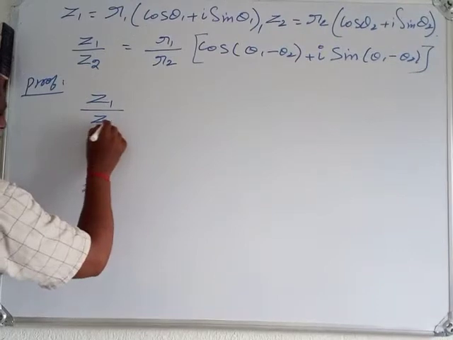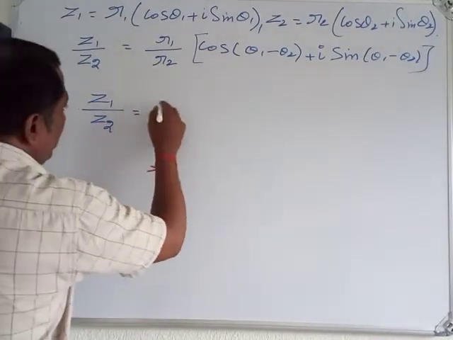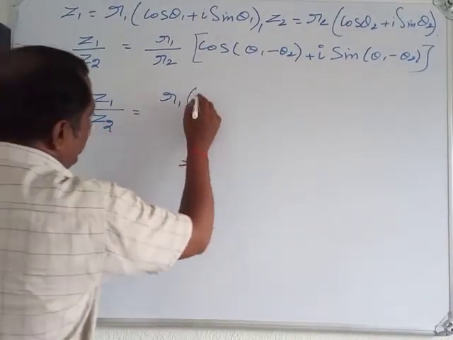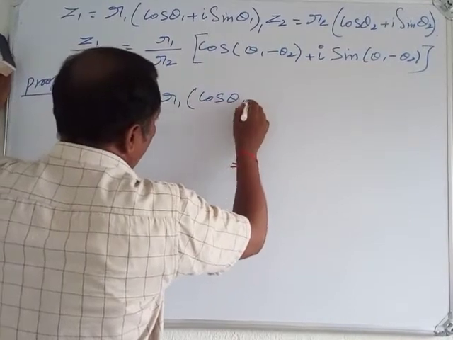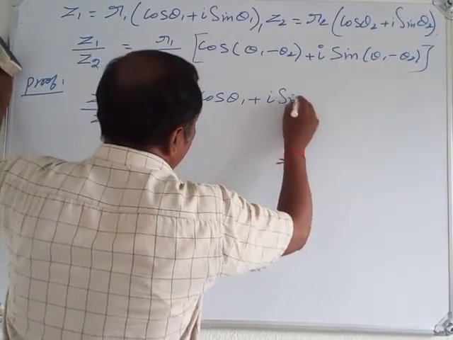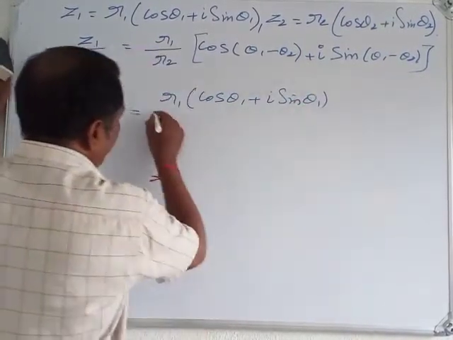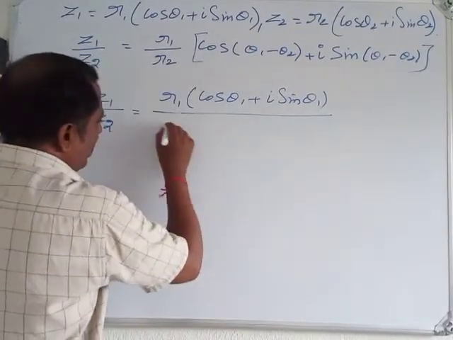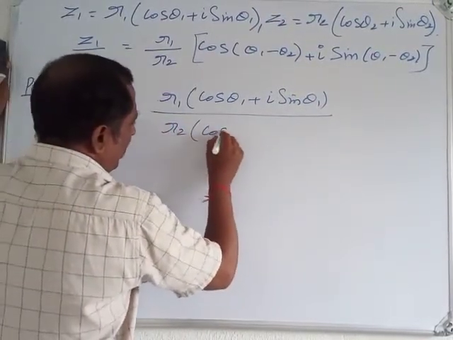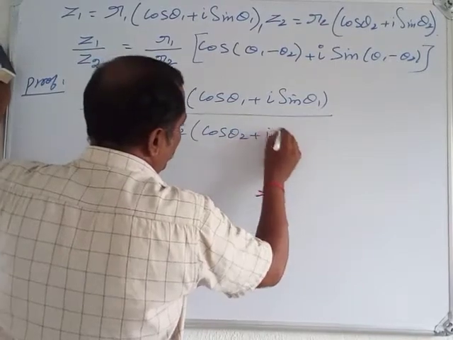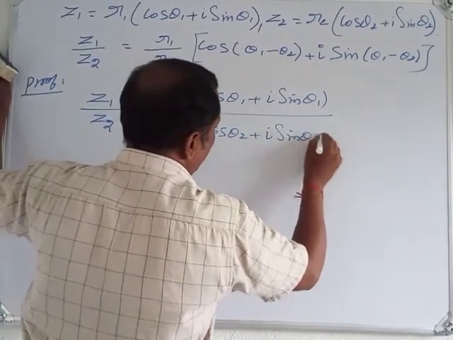We need z1 by z2. Z1 is r1 into cos θ1 plus i sin θ1, divided by z2, which is r2 into cos θ2 plus i sin θ2.